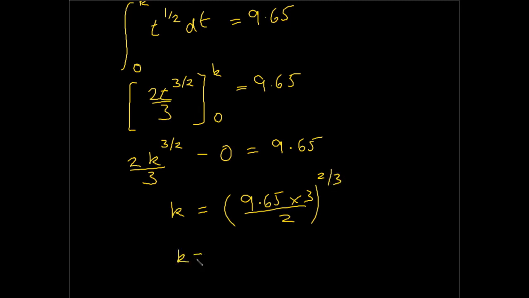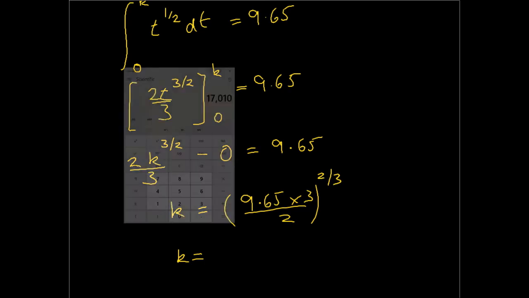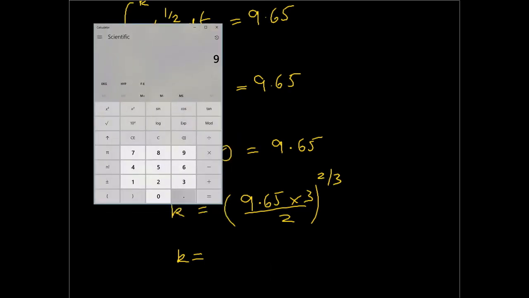So k should equal 9.65 times 3 divided by 2 equals, and then I can do that to the power of open bracket 2 divide 3 close bracket equals. So that gives me 5.94.